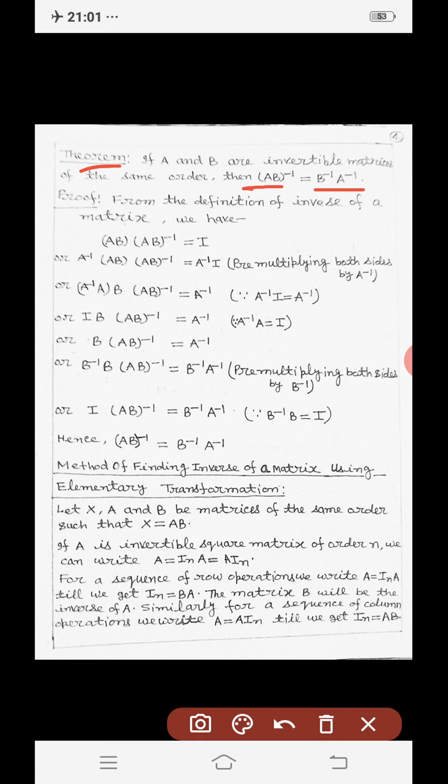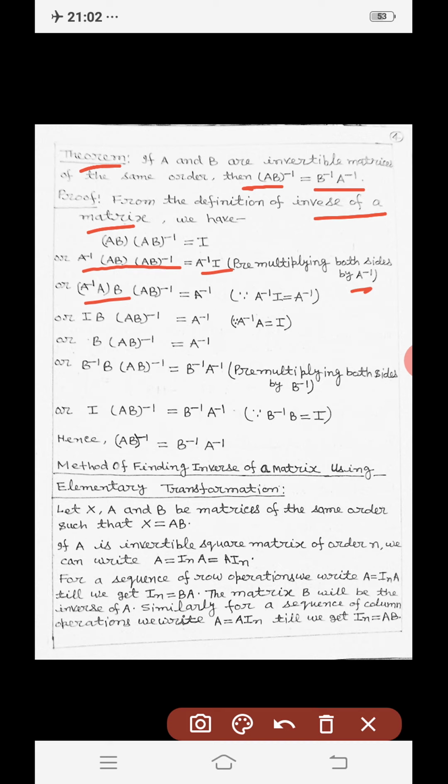Proof: from the definition of inverse of a matrix we have AB into inverse of AB is equal to I, or A inverse into AB into inverse of AB is equal to A inverse I. Here, pre-multiplying both sides by A inverse, we can write (A inverse A) into B into inverse of AB is equal to A inverse.